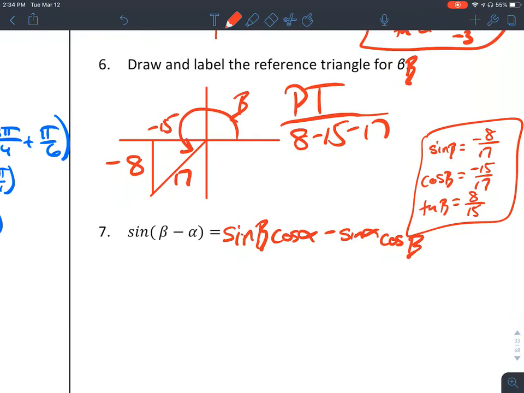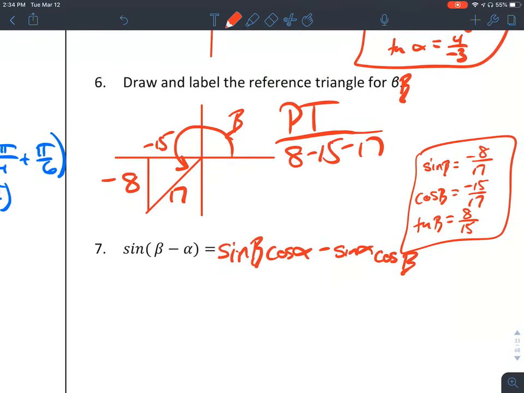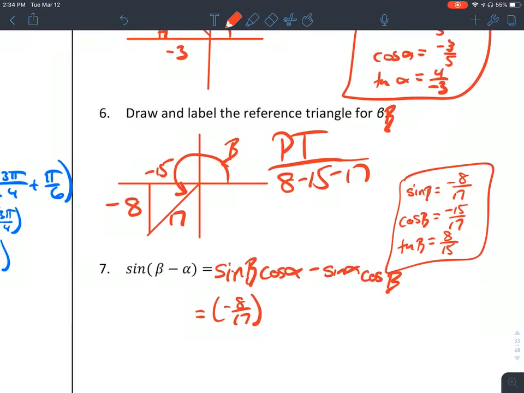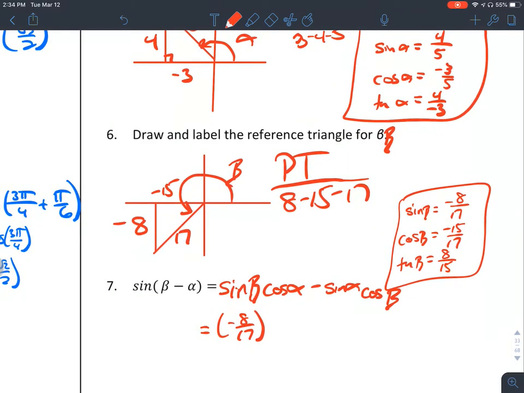That is the difference identity for sine. Well, what is sine of beta? We figured out that was -8/17. What is cosine of alpha? We figured out up above, it's -3/5.